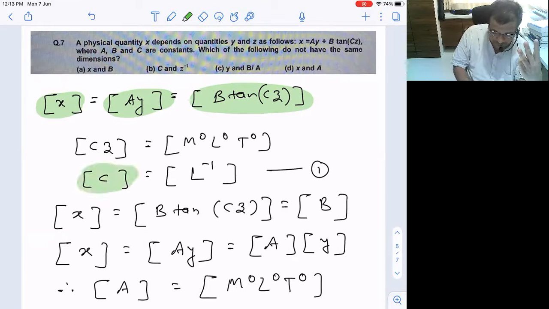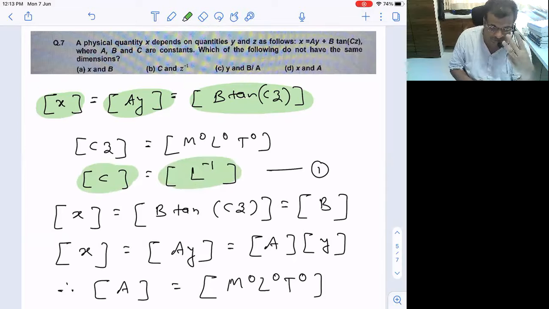So the dimensions of C must be L to the power -1 because it is the argument of a trigonometric ratio.